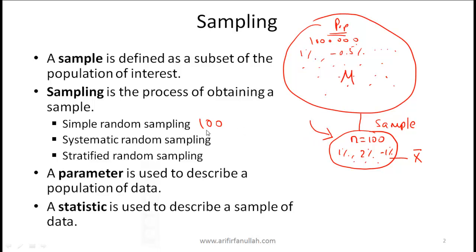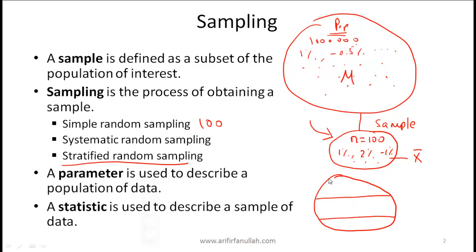So to deal with that problem, what we might do is stratified random sampling. In stratified random sampling, what you will do is take your population, and you might create strata or groups in your population. So you might basically divide your stocks into US stocks, Europe stocks, and Asia stocks.